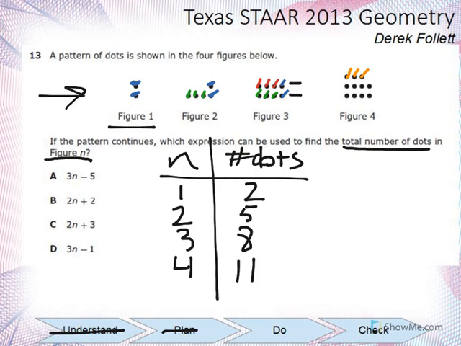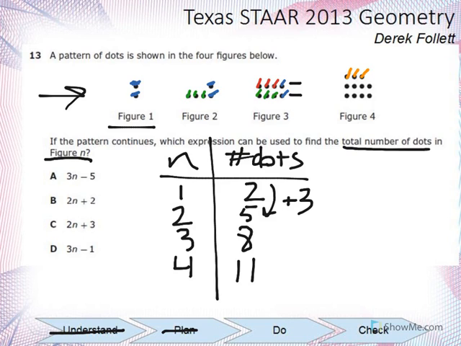So there's my pattern, and I know that each time I'm going up by 3. So if you remember from algebra, that's kind of like slope.